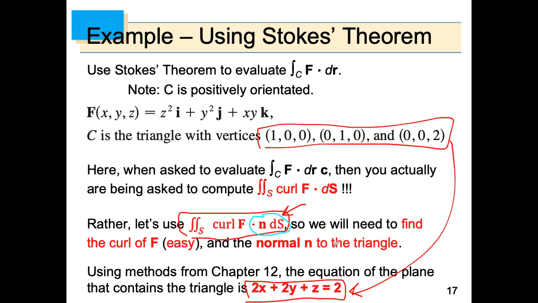We want to find the normal to the surface. In this particular case, you can find the normal to the triangle if you find the normal to the plane itself. And that is also from previously learned sections. So again, pause the video here and go ahead and find out what is the normal to the surface. But also, guys, keep in mind, I don't want just the normal, I want the unit normal.